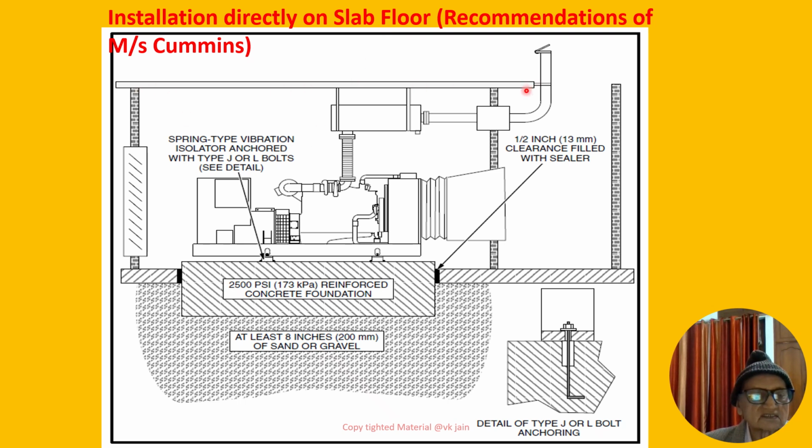This is the roof slab, and this is the diesel generating set, and it is provided with a foundation, a cement concrete, RCC foundation, and this foundation is resting on at least 200 mm of sand or gravel so that the structural vibrations are not passed on to other structures. For the generating set, spring type vibration isolators anchored with type J or L bolt as per the detail given here are to be provided.